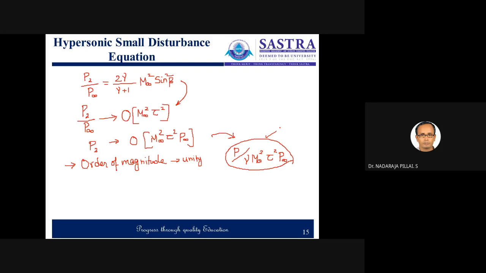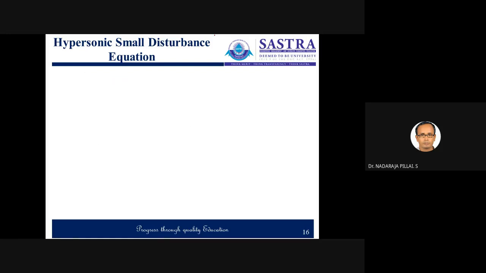Okay, now let us go back to density, right? So you know that the density ratio rho 2 by rho infinity is equated to gamma plus 1 by gamma minus 1. And if we consider gamma is equal to 1.4, then rho 2 by rho infinity will become 6, right?